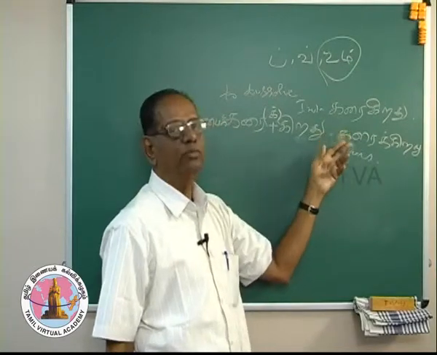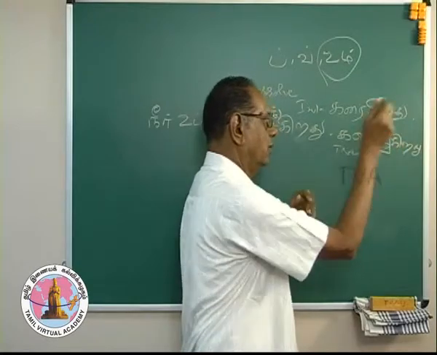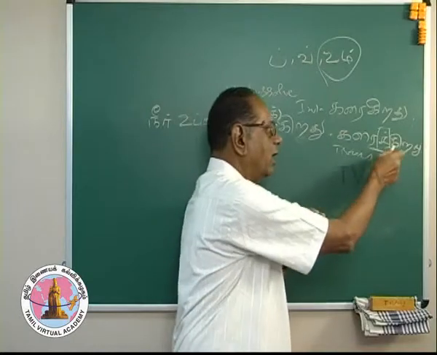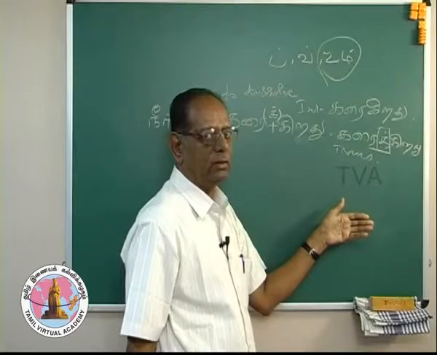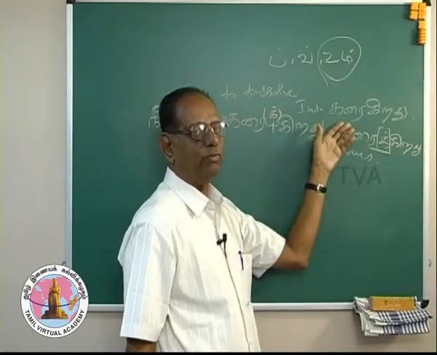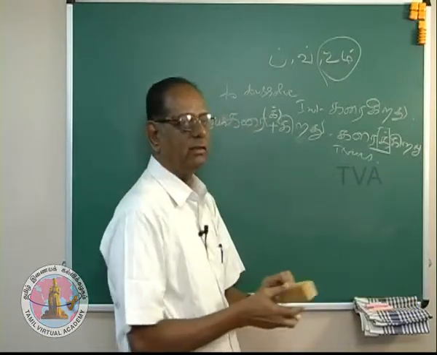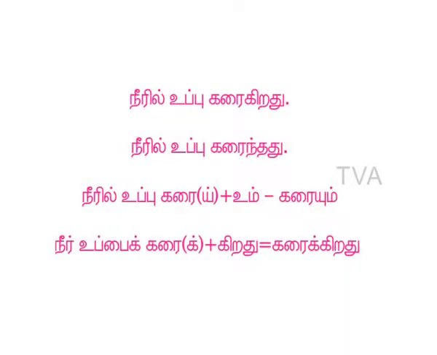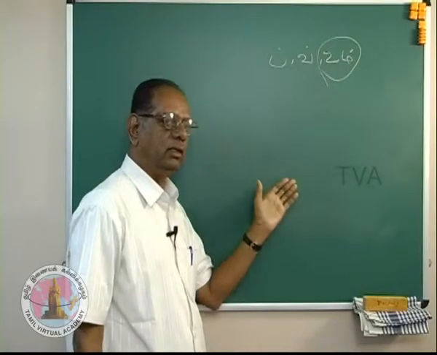Here you have to observe that the addition of this sound, doubling of ka, has changed the very mood of it. The intransitive becomes transitive with this. So this is the difference. We shall see all the three tenses.